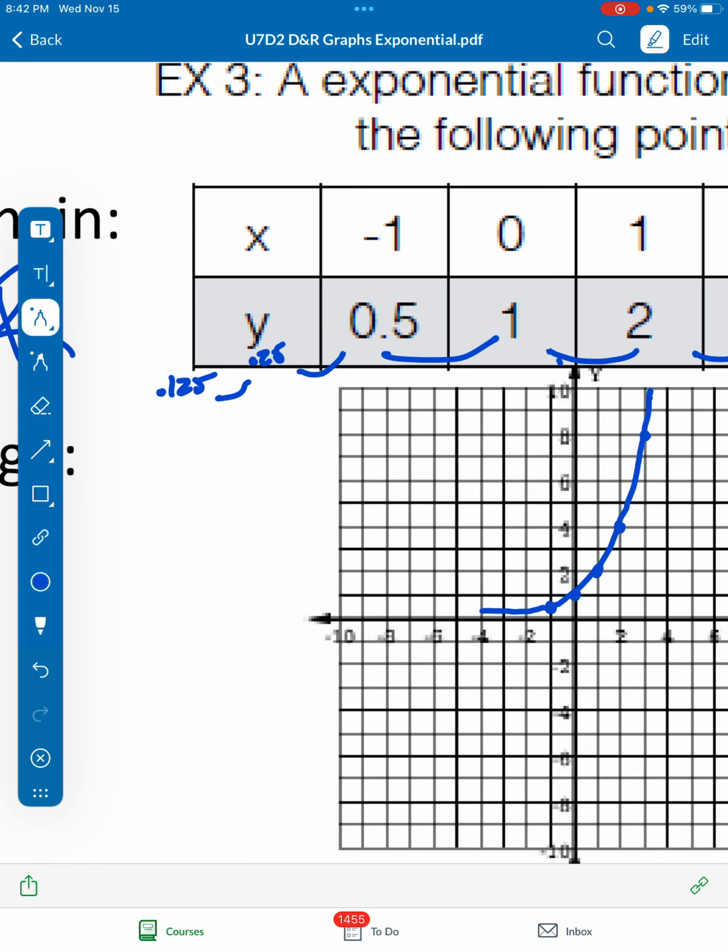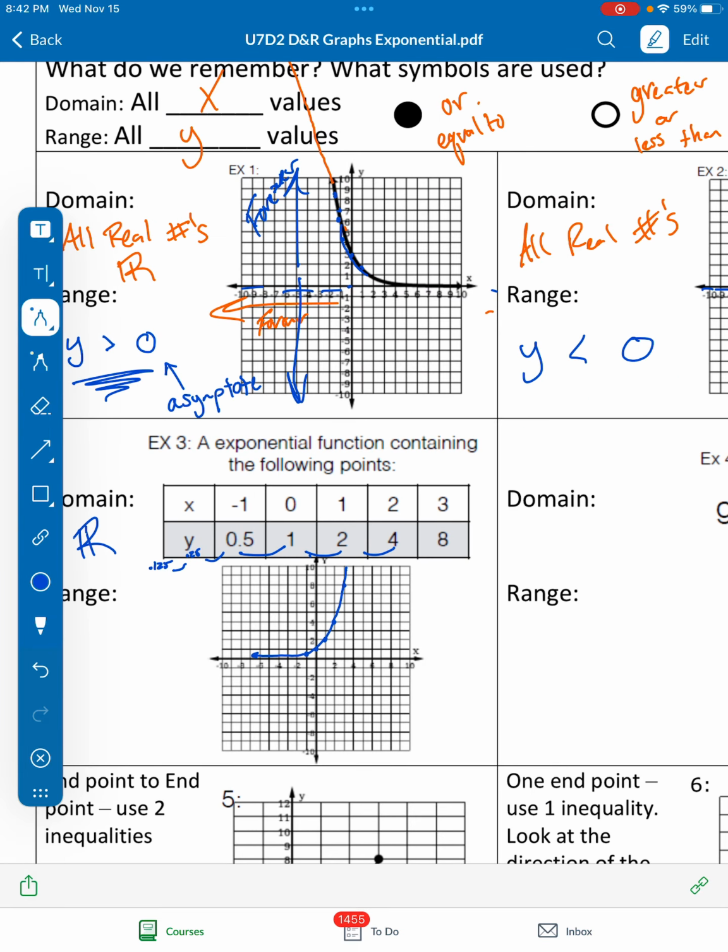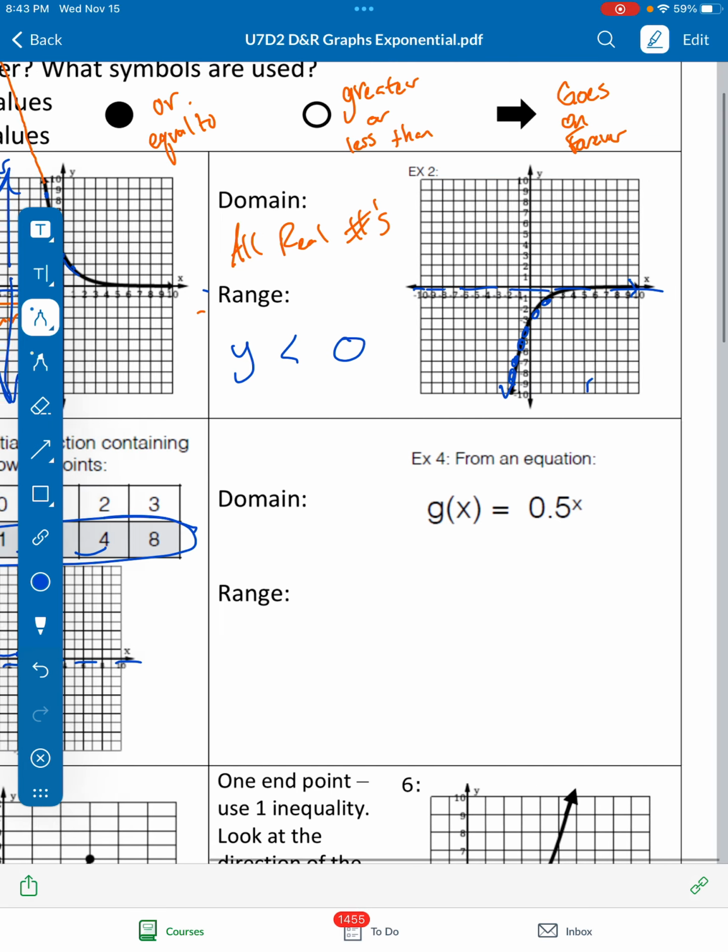So it's going to end up giving me a lot of really small decimals that are very close to 0, but it will never get to 0. So that means my asymptote is at 0, which means my range is y greater than 0. And these y values in this table, hopefully you see that those numbers are all bigger than 0. So there's the domain and range.